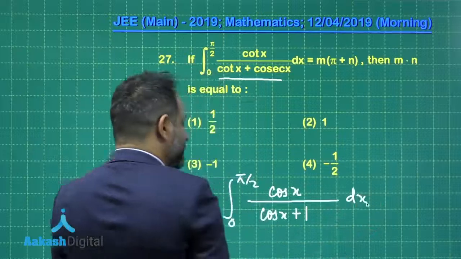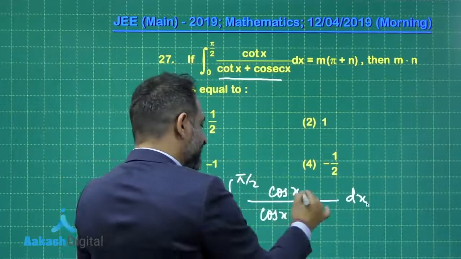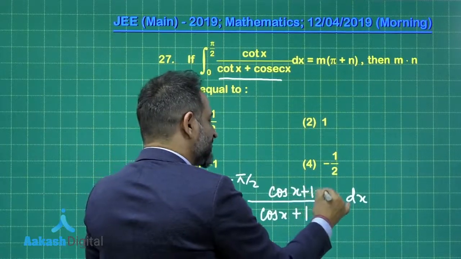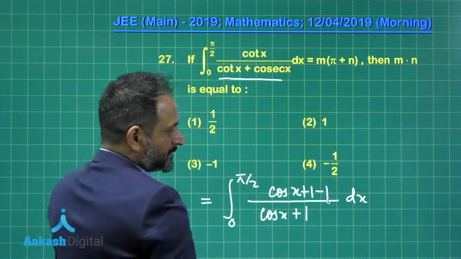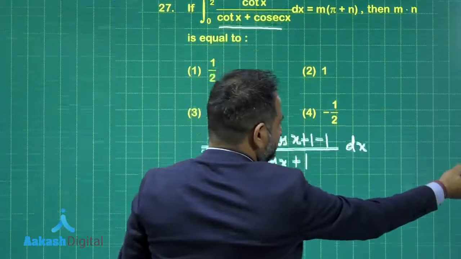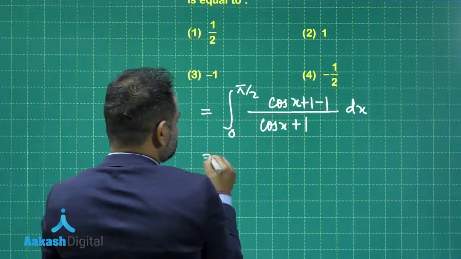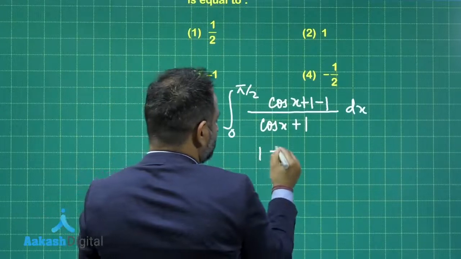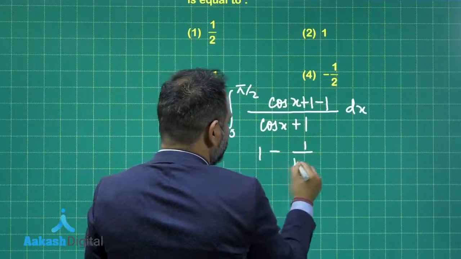Now, to simplify the terms, we can add plus 1 and subtract 1. So, we will have here 1 minus 1 upon 1 plus cos x.